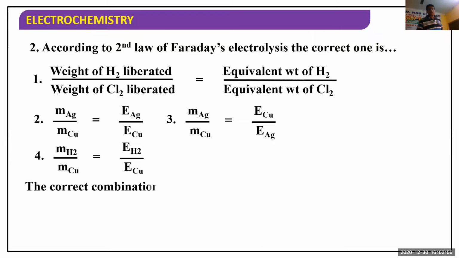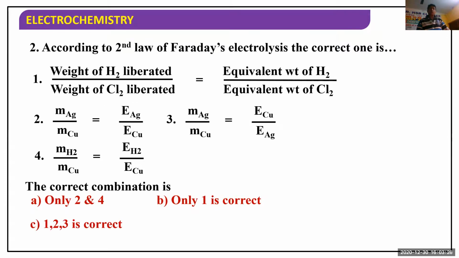So what is the correct option? You already know that W1 by W2 equals E1 by E2. So there is no problem. Which one is the correct combination? Is it only 2 and 4, or only 1, or 1, 2, 3, or 1, 2, 4?